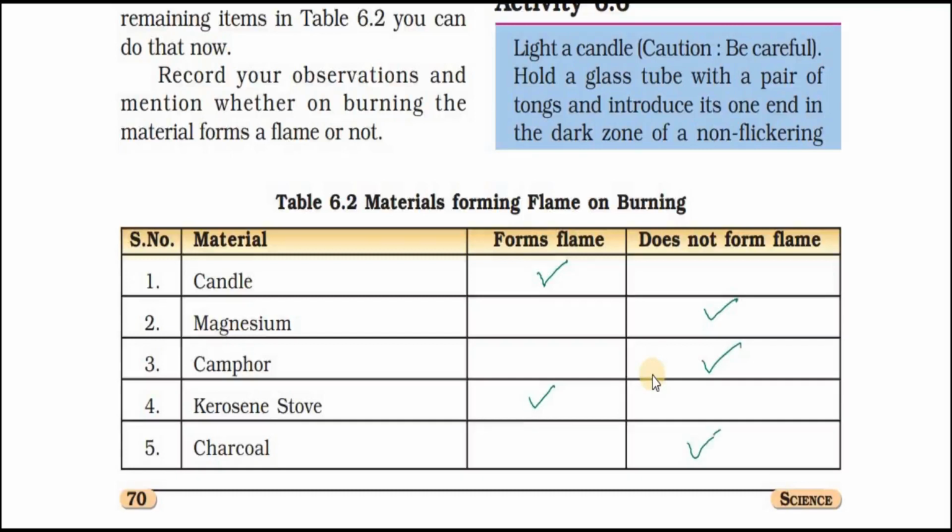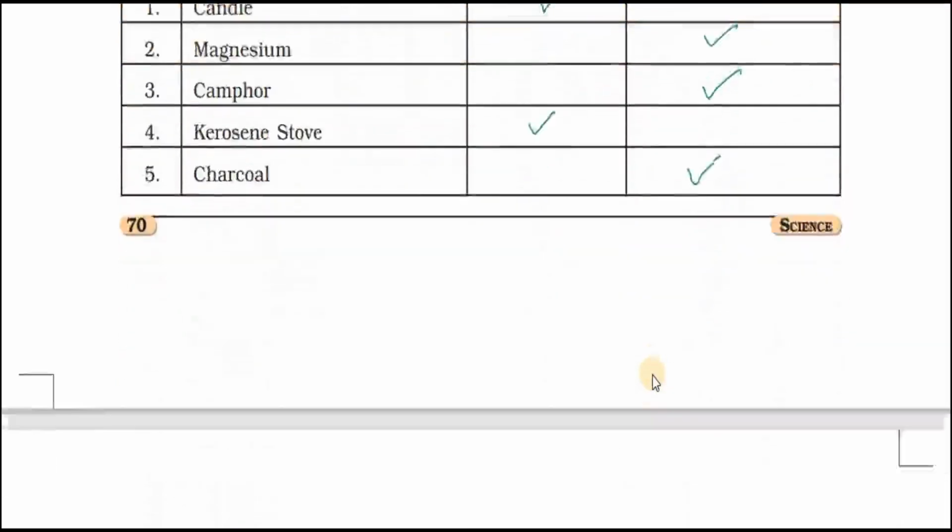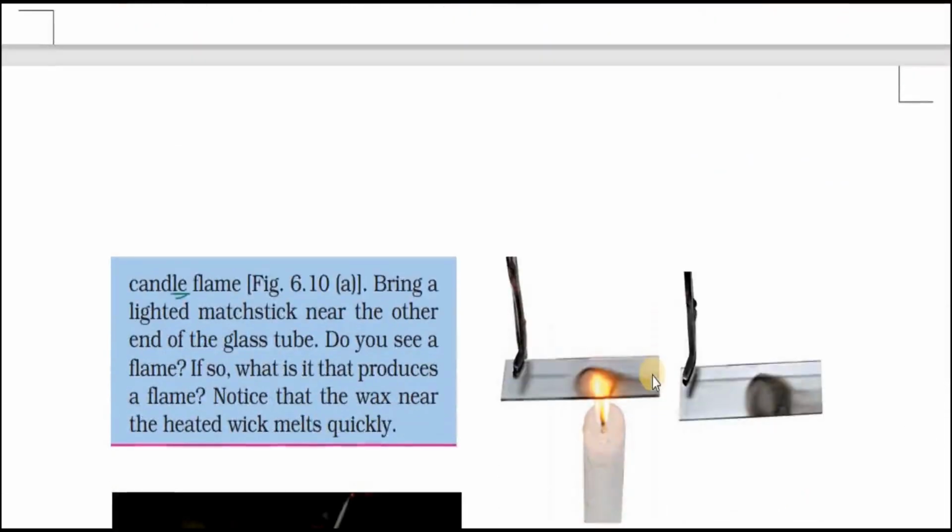Okay, so let's do an experiment now. Light a candle. Hold a glass tube with a pair of tongs, and introduce its one end in the dark zone of the non-flickering candle flame. Look at this figure.